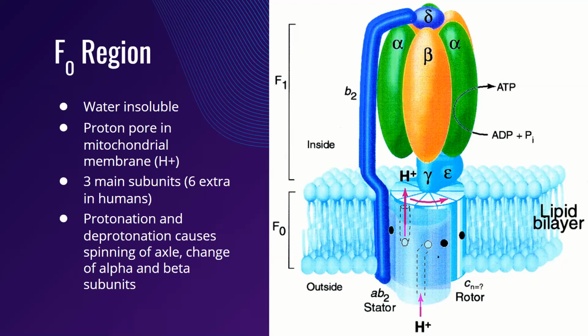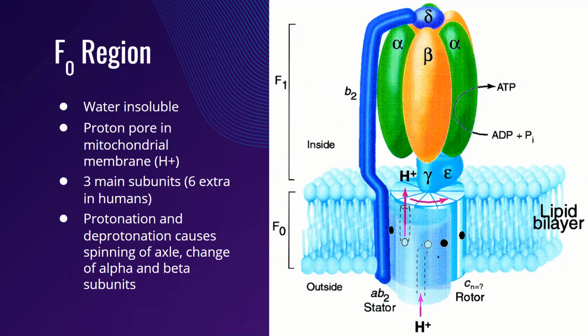However, the F0 region is hydrophobic, so water insoluble. It doesn't like to be around water, and therefore it's going to be on the inside of this lipid bilayer. If you remember, the tails of each of these lipids are also hydrophobic, so they're going to try to be away from water. So the F0 region is going to be in a spot around those areas.